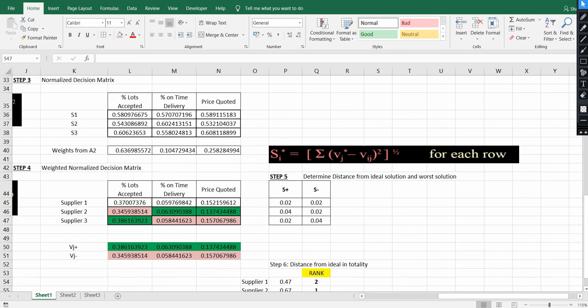So for example, if you want to calculate S1 plus for supplier 1, how to calculate this?